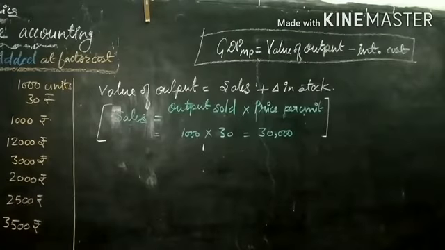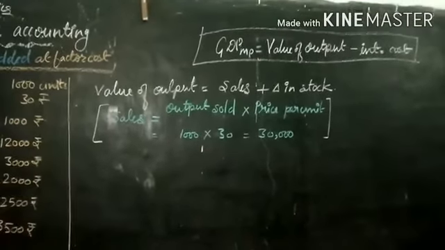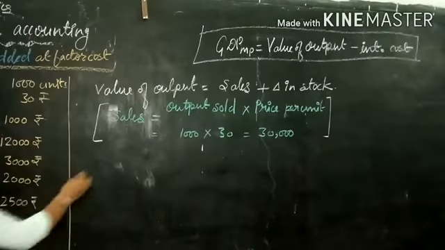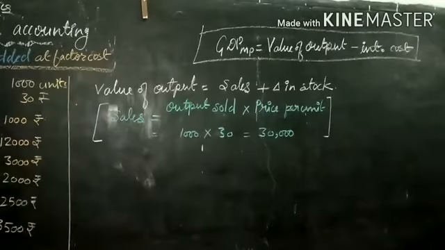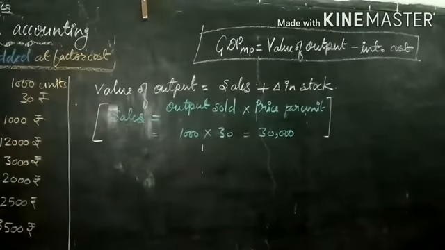Sales is also not given. Instead, output sold is 1000 units and the price is 30 rupees per unit. By multiplying both these terms, we get total sales value, which is 30 multiplied by 1000, that is 30,000. Let me explain once again. Value of output.